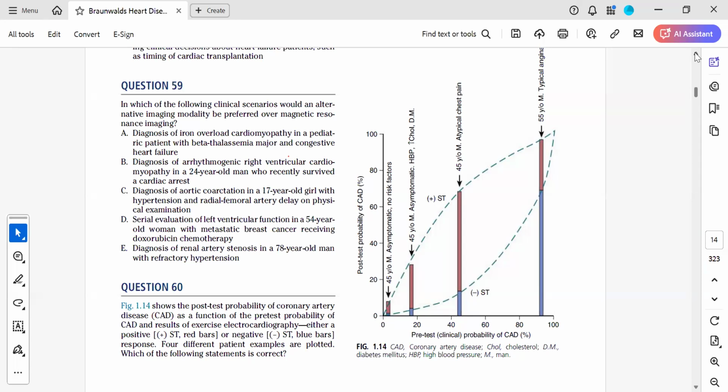B. Diagnosis of arrhythmogenic right ventricular cardiomyopathy in a 24-year-old man who recently survived a cardiac arrest. C. Diagnosis of aortic coarctation in a 17-year-old girl with hypertension and radiofemoral artery delay on physical examination. D. Serial evaluation of left ventricular function in a 54-year-old woman with metastatic breast cancer receiving doxorubicin chemotherapy. E. Diagnosis of renal artery stenosis in a 78-year-old man with refractory hypertension.